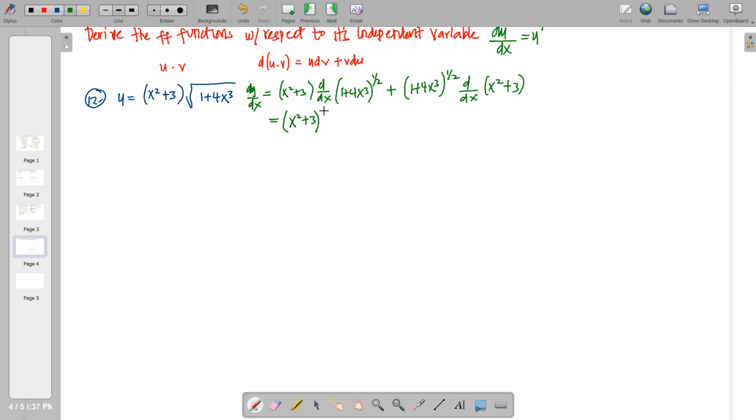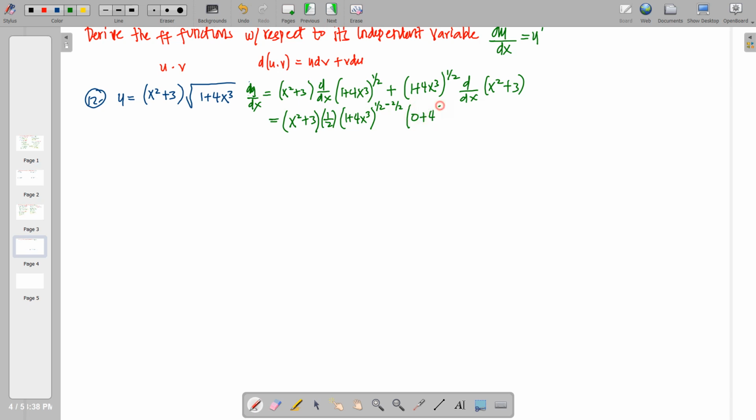So for the derivation of the second term, we have 1/2, bring that down, and then 1 plus 4x cubed, just copy this. Subtract one, so 1/2 minus 1 gives negative 1/2. And then derive the inside term. The derivation of the inside term is 0 plus 4.